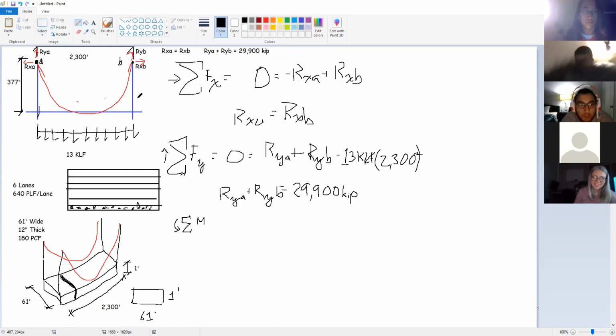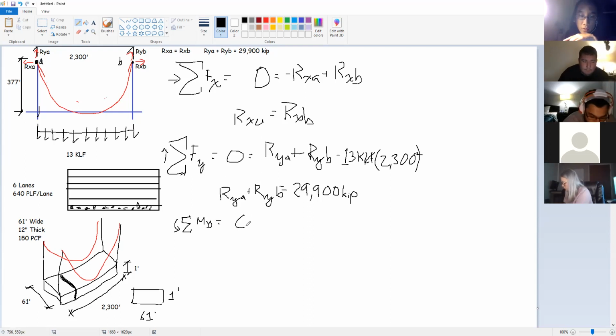We need to take it where the least work is needed. I'm thinking B, but I don't know if that's the right answer. It doesn't matter where you take the moments, but you can take into consideration the least amount of work that you have to do. We can take it at A or B. Klebas took it at A. I'm gonna take it at B because I'm a rebel.